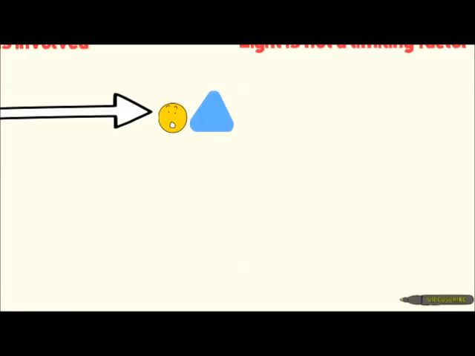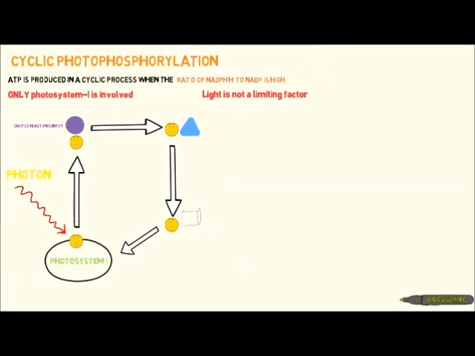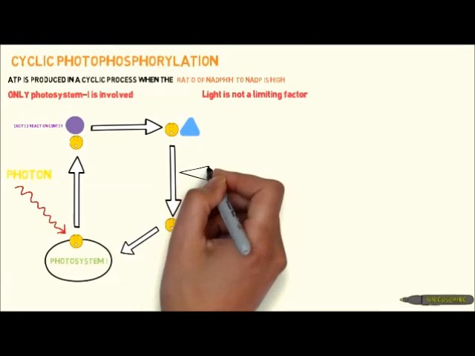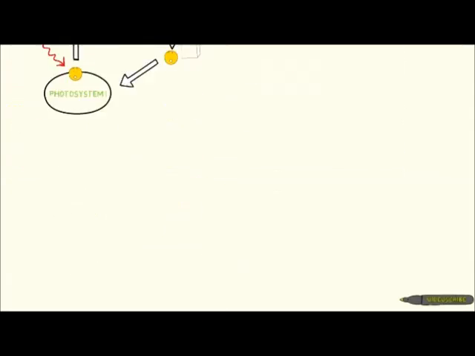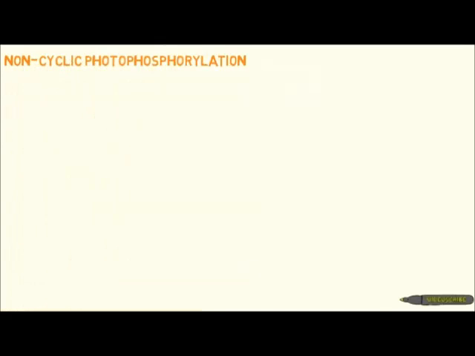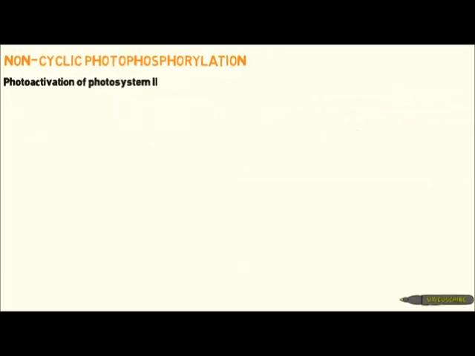The electron then passes down through an electron transport system and eventually back to the photosystem. The non-cyclic photophosphorylation can be broken into steps.